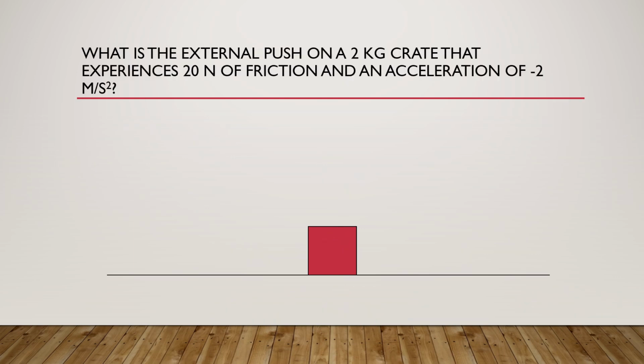Okay. Now, this is how it can get a little tricky. It's the negatives. It's always going to be the directionality that gets us. So let's go ahead and take a look at this 2 kilogram crate. 2 kg. So we have 19.6 going down. We have 19.6 going up. Equal and opposite. They cancel out.